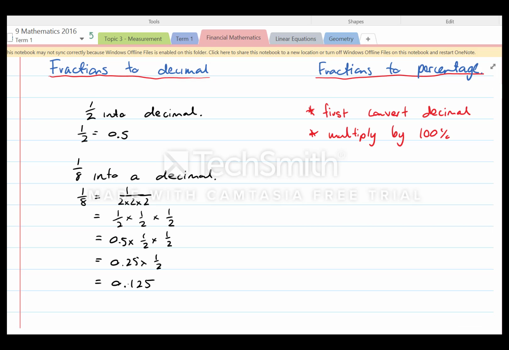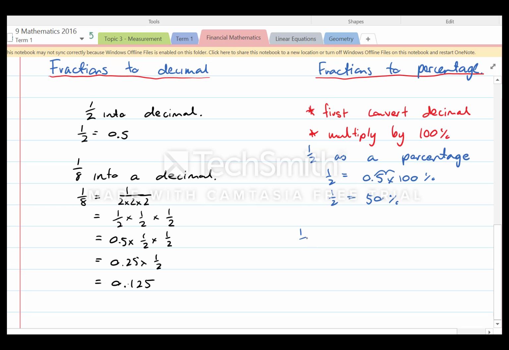So I'll go back to these same problems. We want to show 1/2 as a percentage. Now we know that 1/2 is equal to 0.5, and when we multiply that by 100%, we jump the decimal place twice, so 1, 2, and we get 50%.